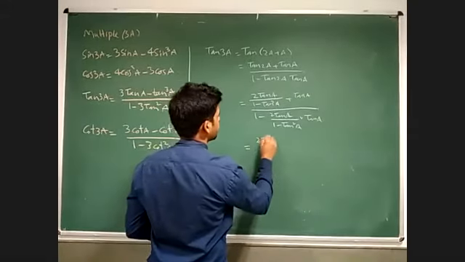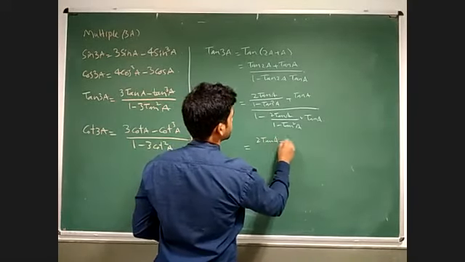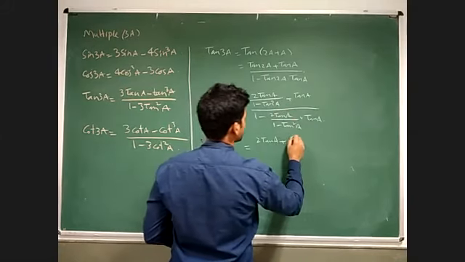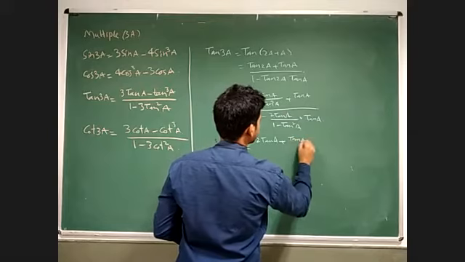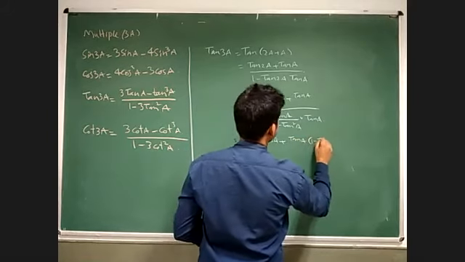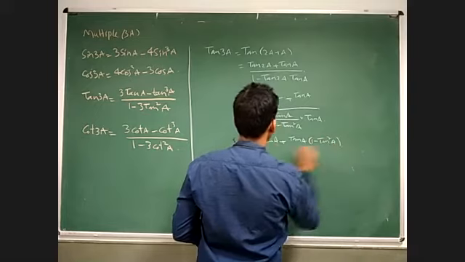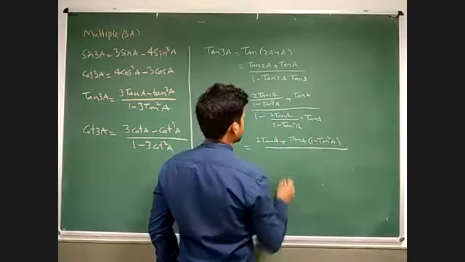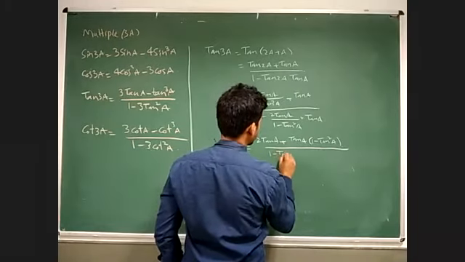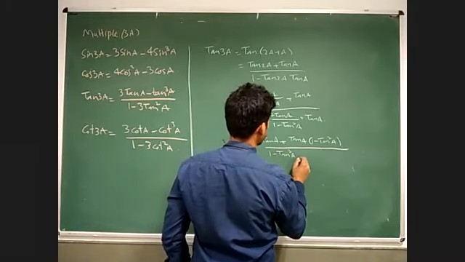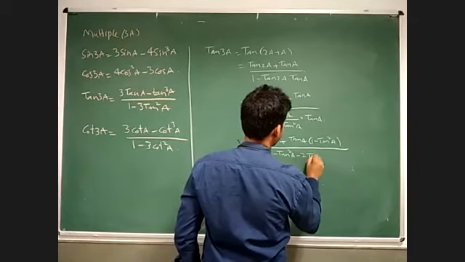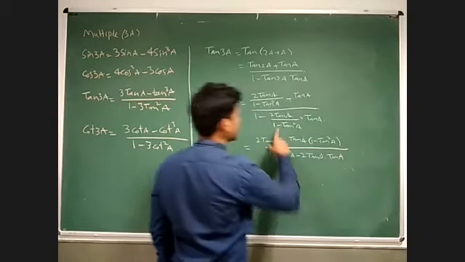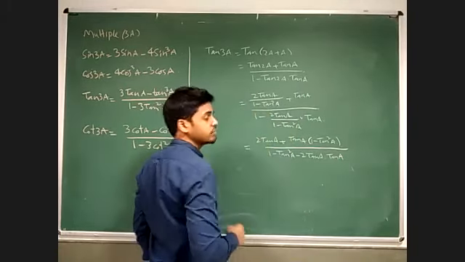So here I will have 2 tan A plus, just multiply these things. So here you will have tan A into 1 minus tan square A, and here you will have 1 minus tan square A minus 2 tan A into tan A. Okay, 1 minus tan square A, 1 minus tan square A will get cancelled.